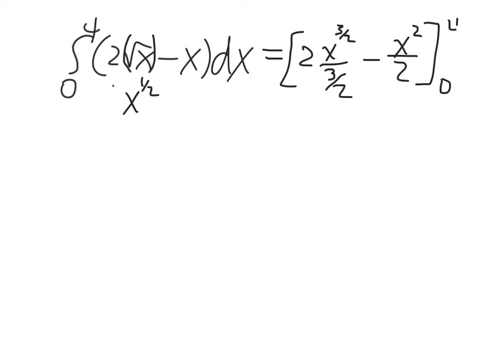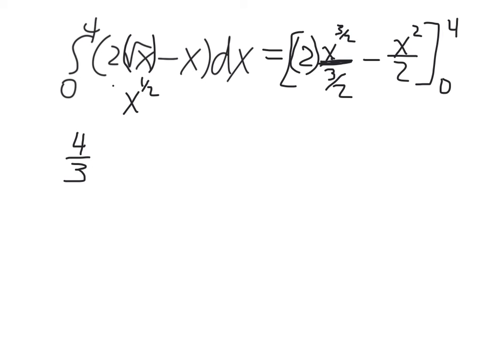We go from 0 to 4. Now, anytime we integrate and have these nice little fractions, we probably want to rewrite that as we go, but dividing by 3 halves would be the same as multiplying by 2/3. So 2 times 2/3, we'll have 4/3 for that part.